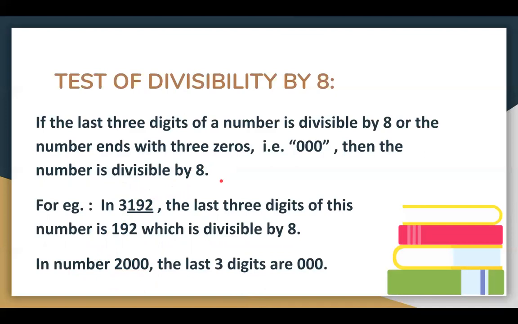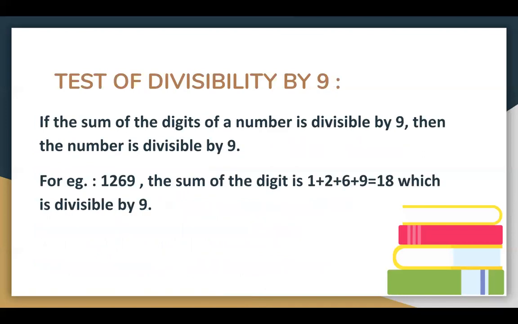Let's study the next test. Test of divisibility by 9. If the sum of the digits of a number is divisible by 9, then the number is divisible by 9.